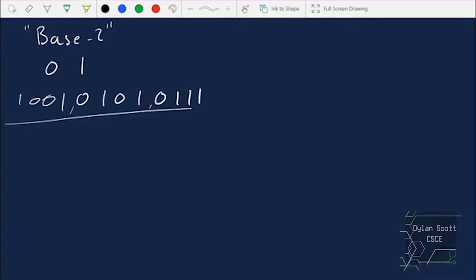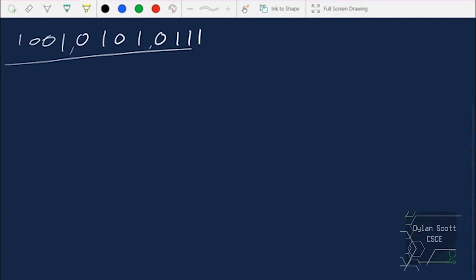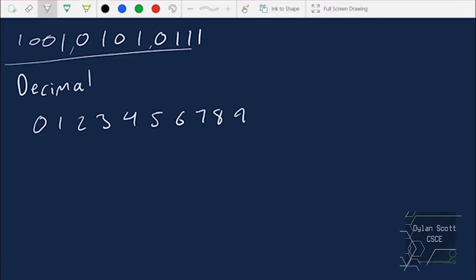In order to better understand the binary system, it's helpful to look at the familiar decimal, or base 10, system. In the decimal system, we use 10 different symbols to represent integers, and these symbols are 0, 1, 2, 3, 4, 5, 6, 7, 8, and 9.